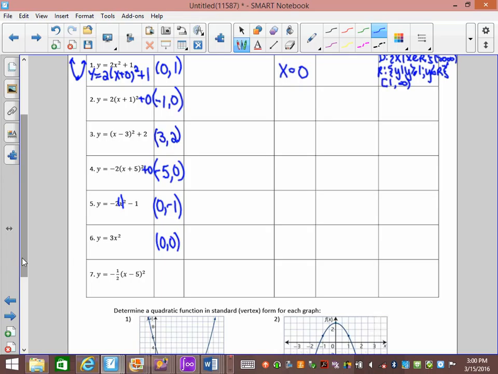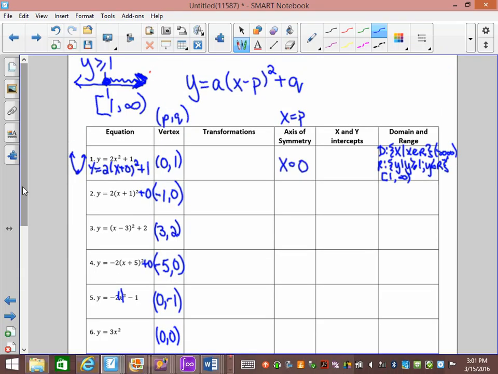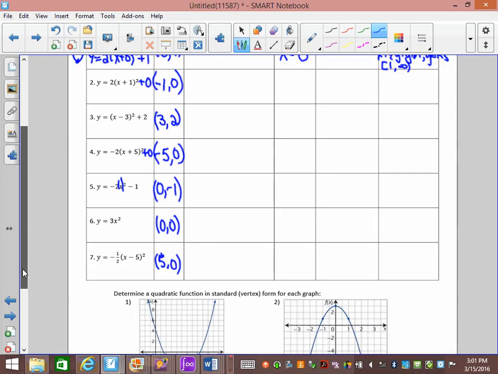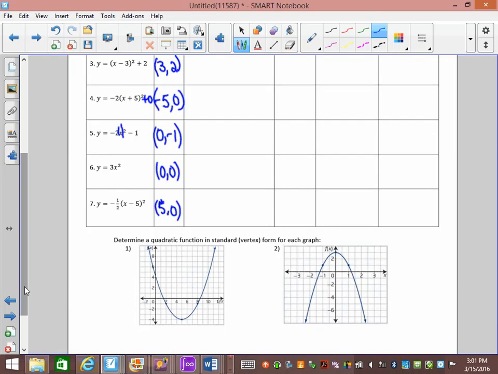And what about this last one? +5, and what's the back? 0. Because you have to take the opposite of this. Because remember, it moves it 5 to the right, because of the x minus p, because there's a hidden negative in it, we always have to take the opposite, because this would be x minus a positive 5. So that's what we take, 5.